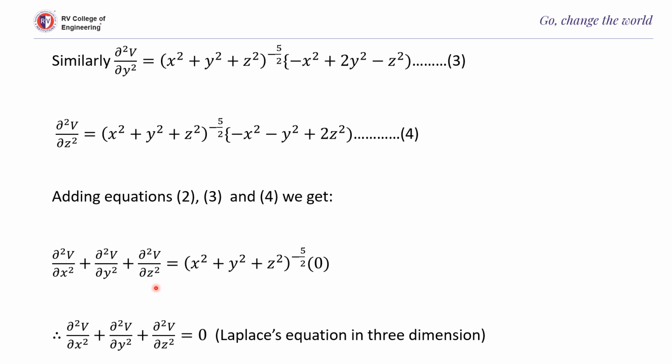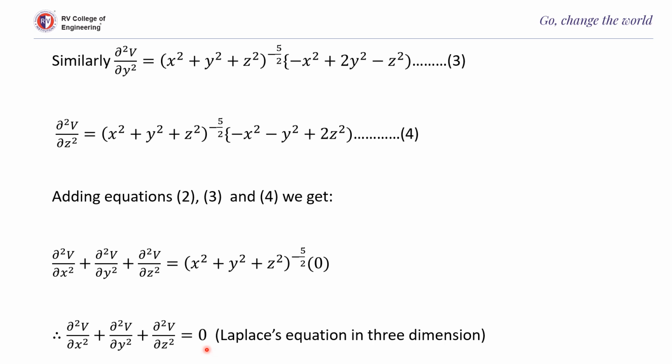So I'll be adding all the three equations, that is equation 2 plus equation 3 plus equation 4 gives me the RHS. So these terms, (x squared plus y squared plus z squared) raised to the power 5 by 2, I can take common outside. The remaining, when I take the sum, gives me 0. So 0 into any term will give me finally equal to 0.